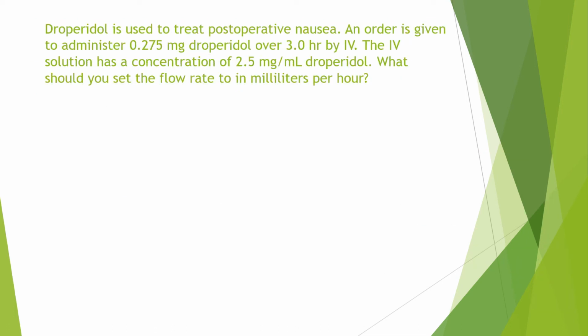Let's take a look at another problem. Droperidol is used to treat post-operative nausea. An order is given to administer 0.275 milligram over 3.0 hours by IV. So this gives us the rate of medicine administered.